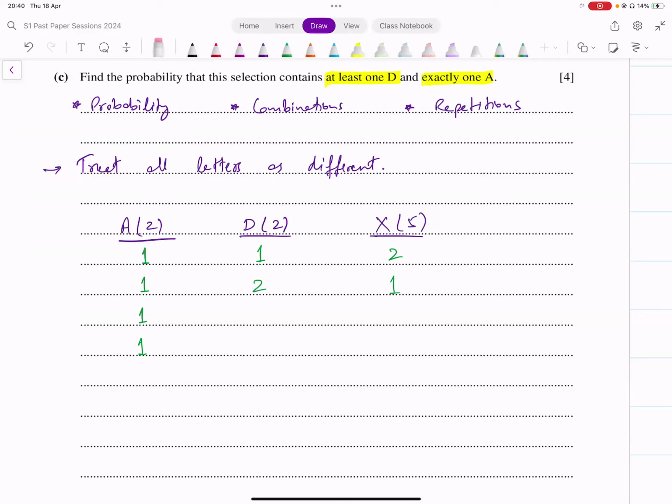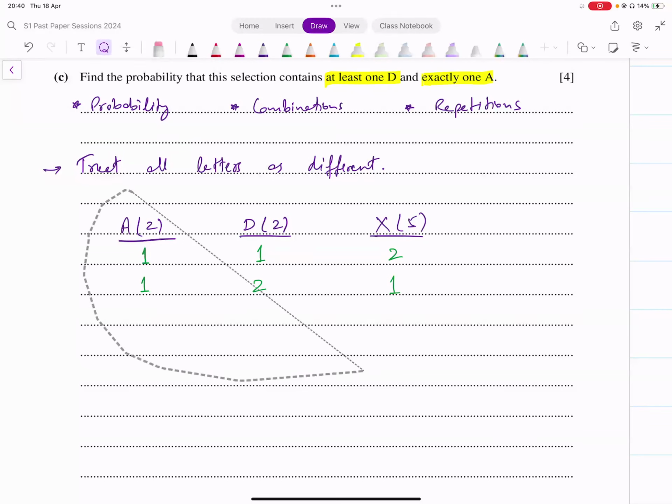In fact, there's no other possibility that you get here. These are the only 2 cases. Is that okay? 1 A, 1 D, 2 other letters; 1 A, 2 Ds, and 1 remaining letter. There's no other case that you can think of.